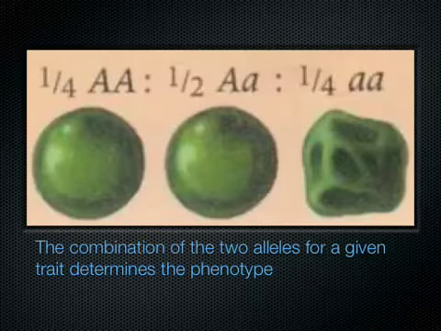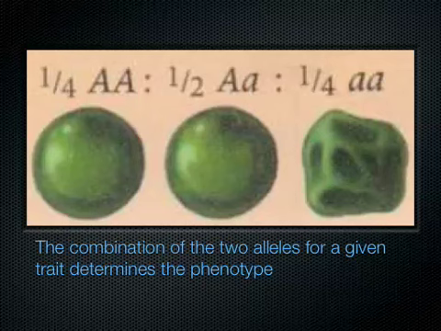So it's a combination of two alleles for a given gene that's going to determine the phenotype. In the example on the left, a round pea could be determined by two capital letter A's or a capital letter A and a lowercase letter a. It is this capital letter A, which is the allele for a round pea, that masks the recessive allele, the lowercase letter, that is an allele for wrinkled peas.